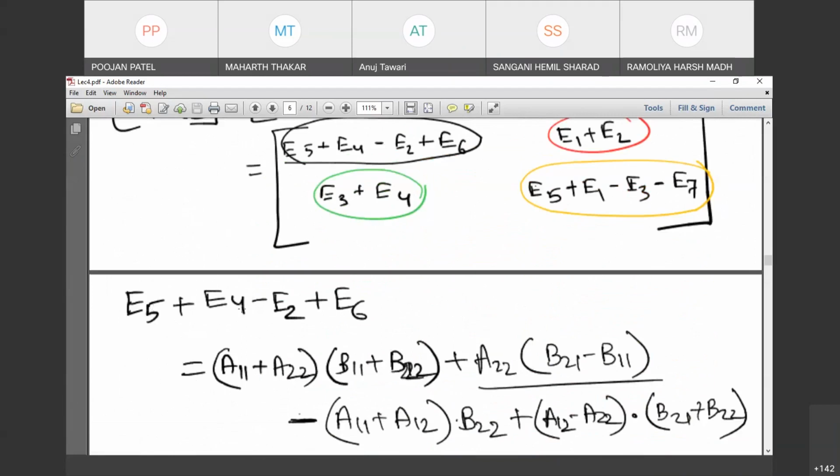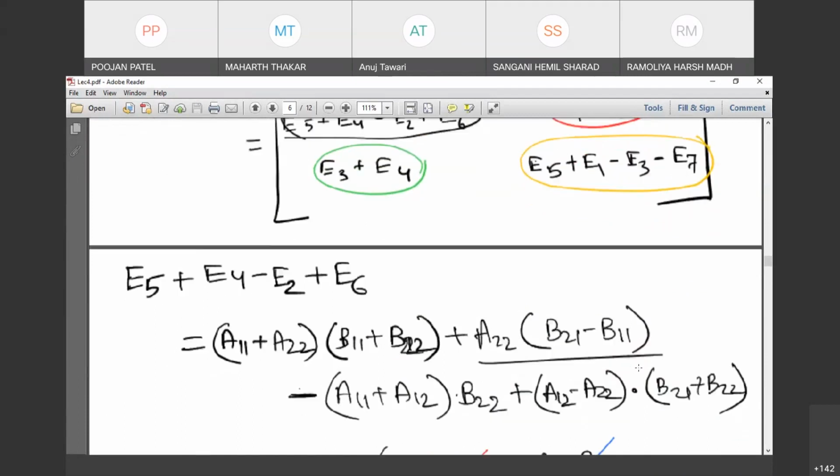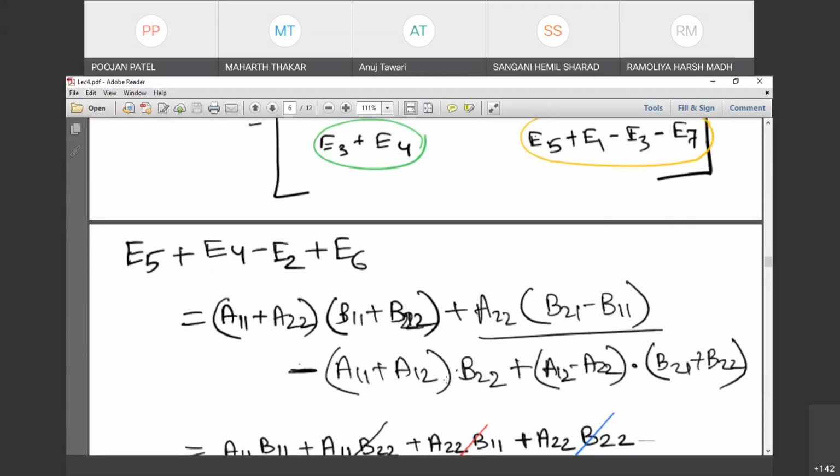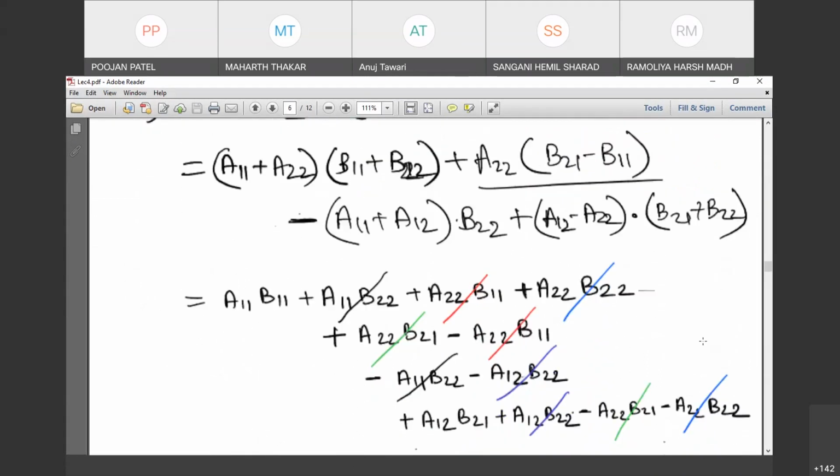And then you similarly compute E4, A22 times B21 minus B11, minus (A11 plus A12) B22, A12 minus A22 times B21 plus B22. And this is the sequence.